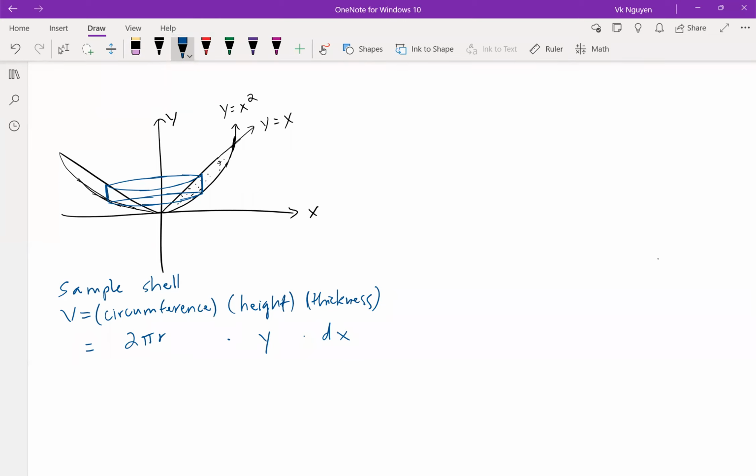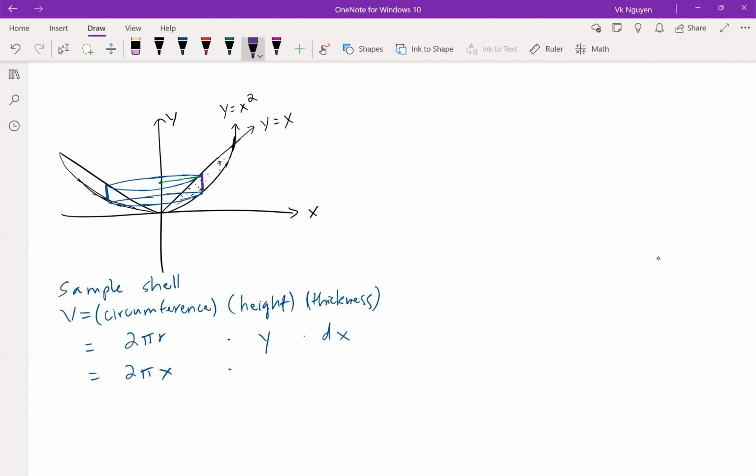Okay, let's take a look at the radius. The radius is from here to here. So that is just the x distance. This x right here. 2 pi x. The height is this. This is the height right here. You can see that that is the difference between y equals x and y equals x squared.